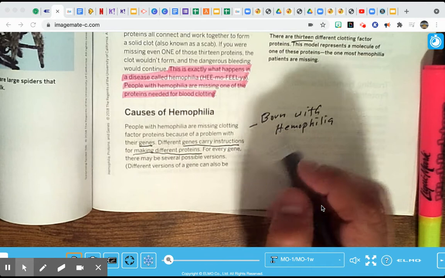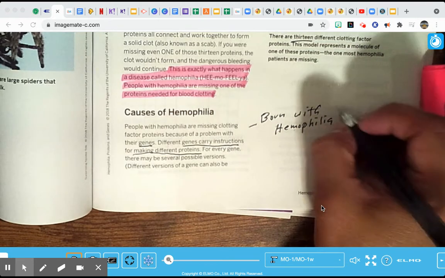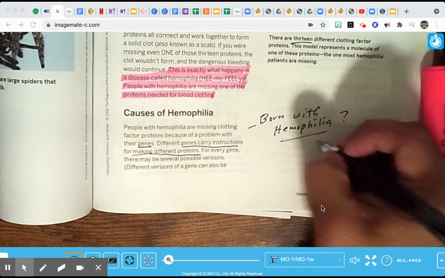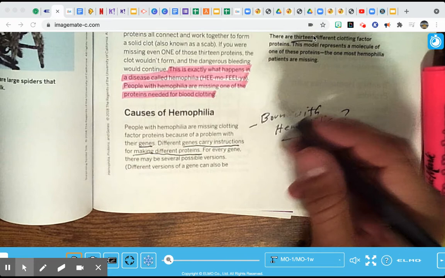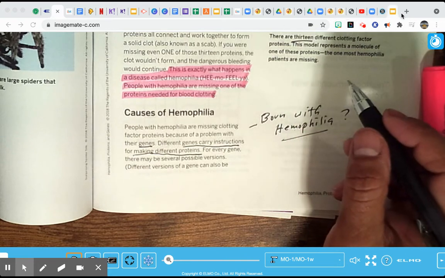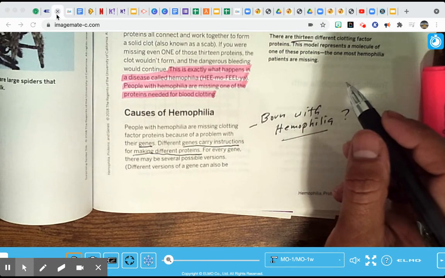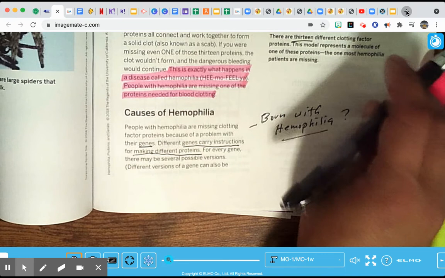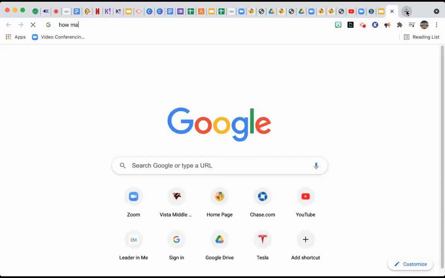And how many people have this? Think to yourself, well, let's check Google really quick. How many people have hemophilia?